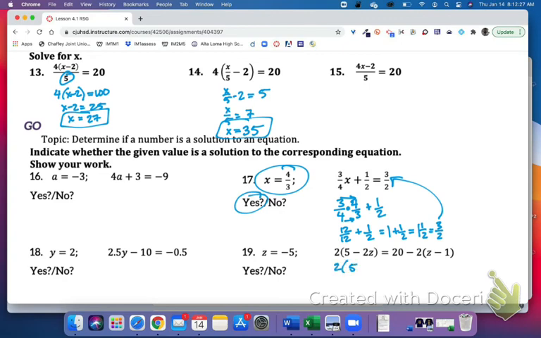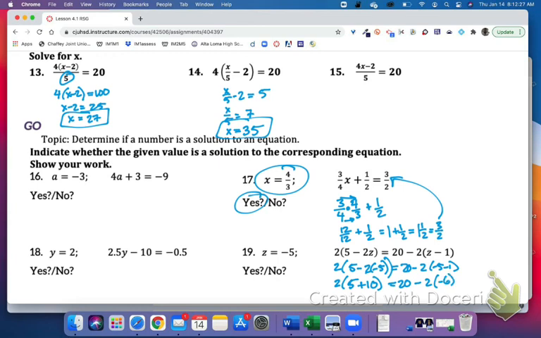For number 19, z is -5, so we'll take that and plug it in. 2 times 5 minus 2 times -5 equals 20 minus 2 times -5 minus 1. Whew, lots of stuff going on here. So I'll work inside to out, going through my order of operations. 5, and then -2 times -5 gives me +10. 20 minus 2 times -5 minus 1 is -6.